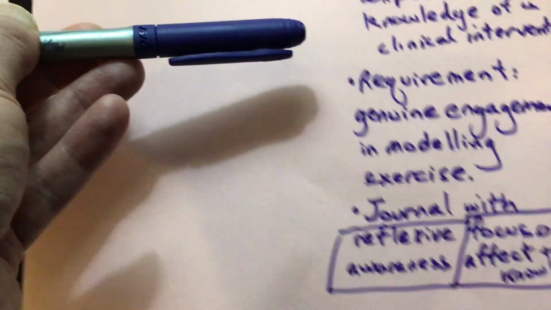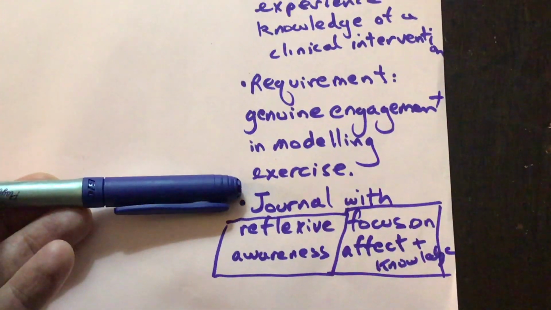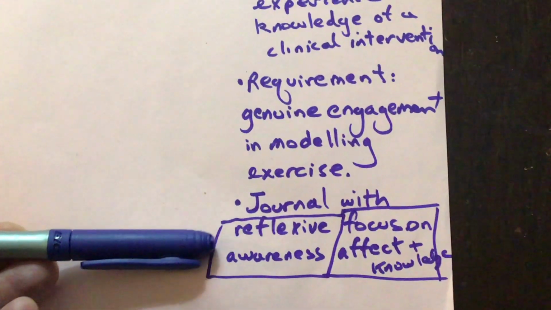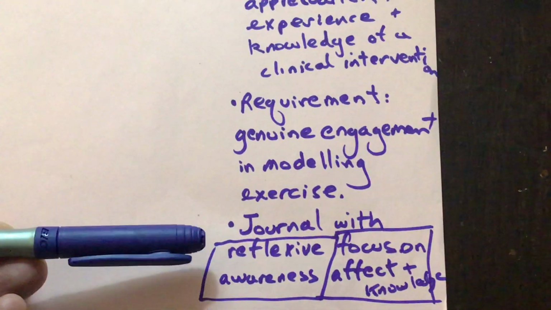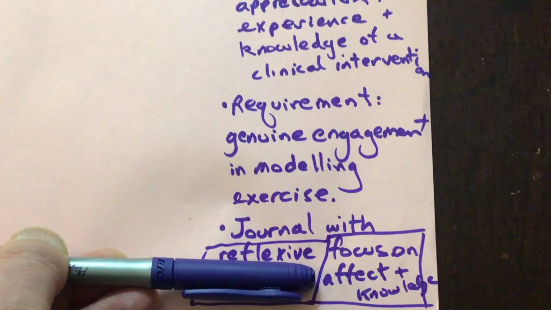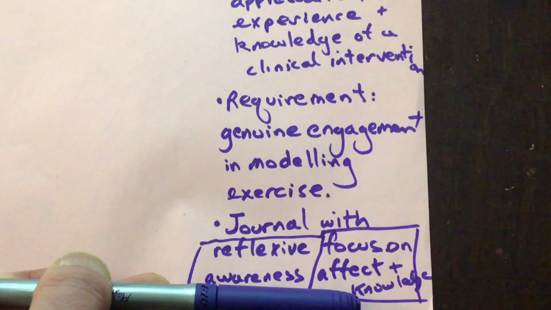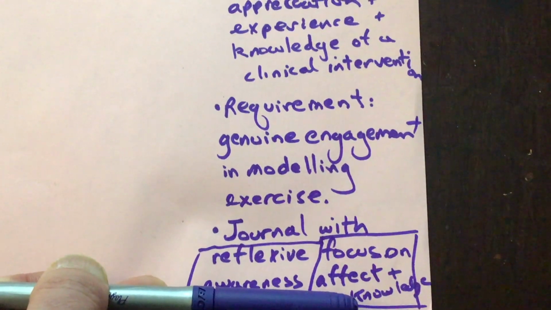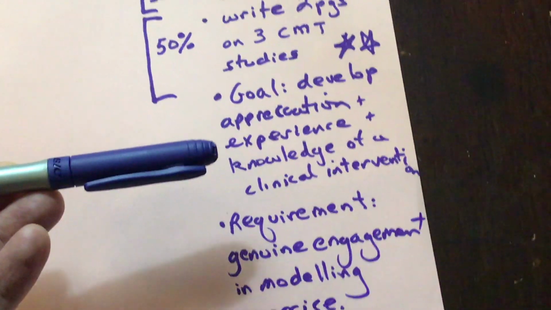You can see down here the requirement is genuine engagement in the modeling exercise. You can journal with reflexive awareness, meaning you talk about your own awareness through this process. You can also focus on affect, which is emotion, and your knowledge of what your experience was relative to other CMT studies.